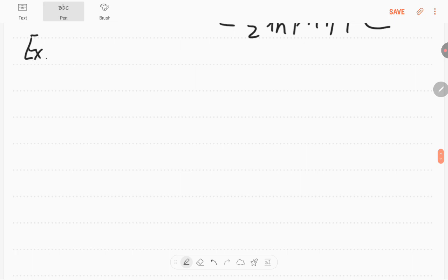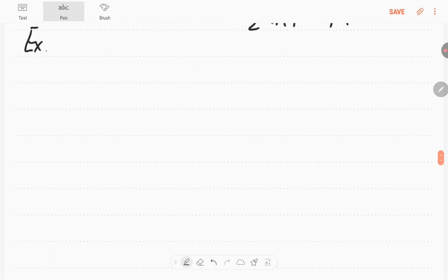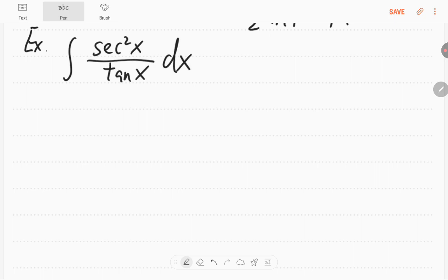Next example: we have the integral of secant squared over tangent x dx. We do some observations and notice that if we let u equal tangent x, then the derivative of tangent is secant squared.